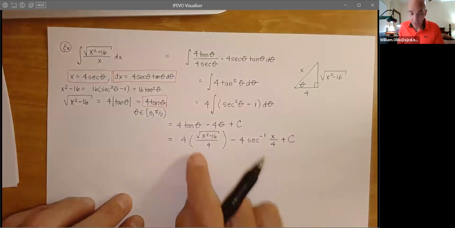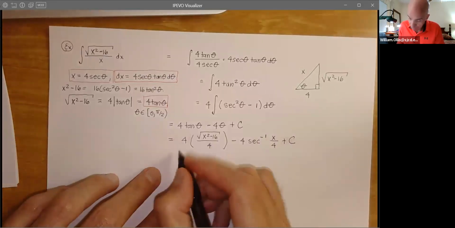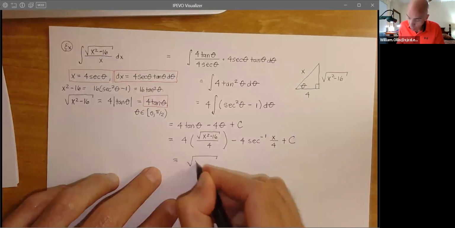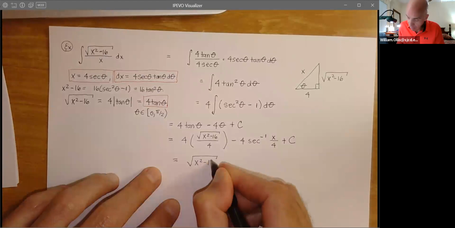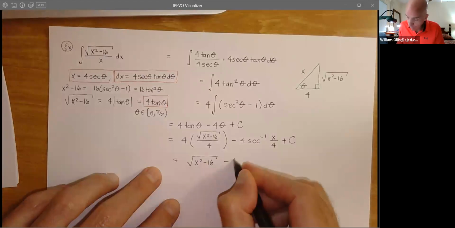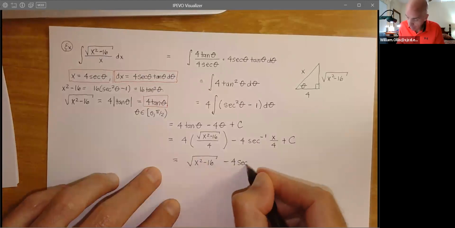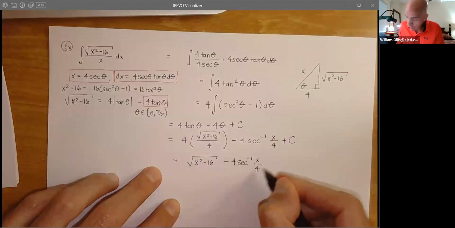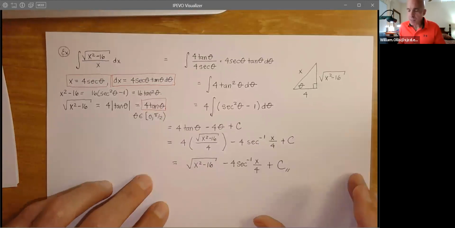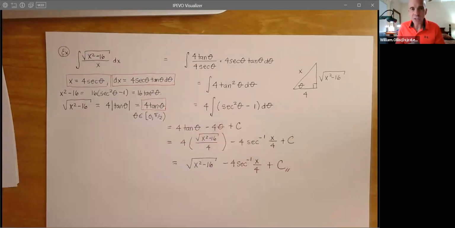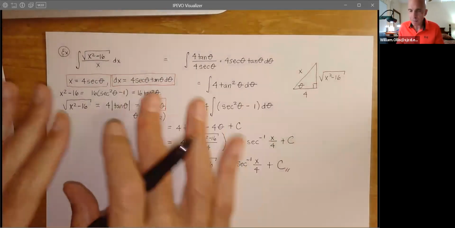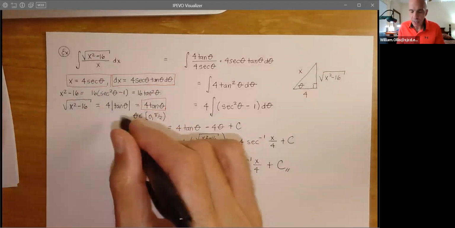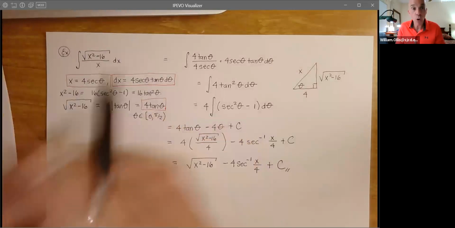So now if you like, these 4's absorb. So we just get the square root of x squared minus 16 minus 4 inverse secant of x over 4 plus a constant. So this is like integration by parts. You kind of set it up and work it through, and how much time you spend on this is going to be dependent on how much you want to write.